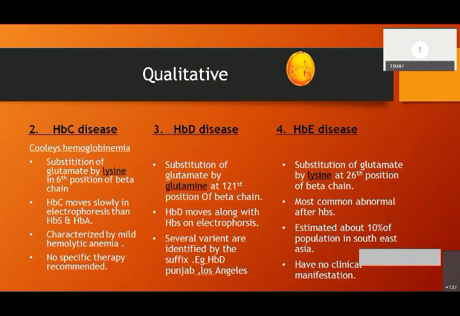This is the most common abnormal form after HbS. About 10% of the population in Southeast Asia is estimated to have this, and they have no clinical manifestation. So in HbC disease, there is substitution of glutamate by lysine at the 6th position. In HbD, glutamate by glutamine at the 121st position. And in HbE, glutamate by lysine at the 26th position.